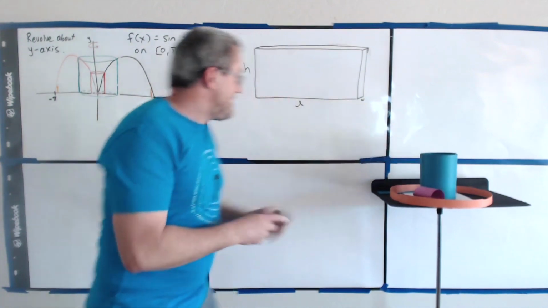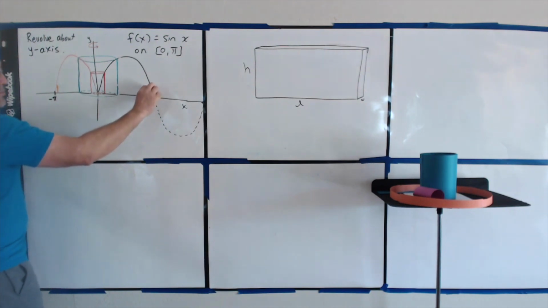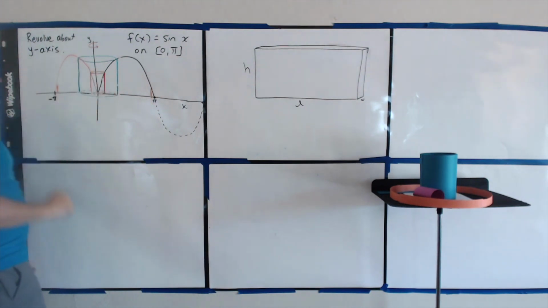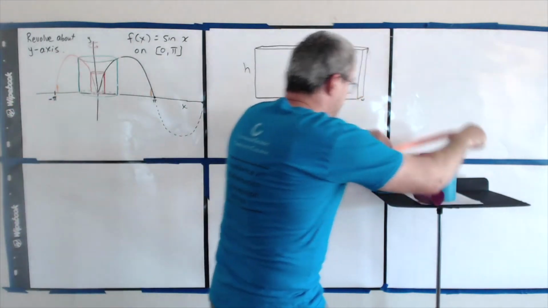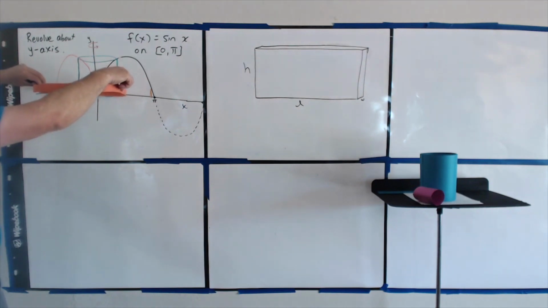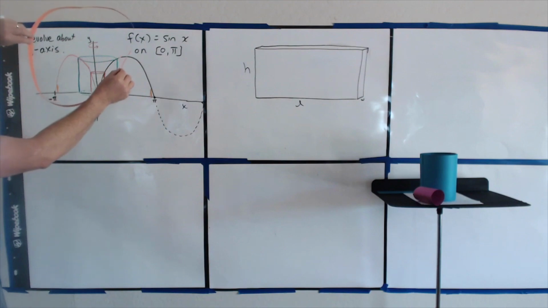Or can you imagine this one out here in orange? I didn't draw it because it's a little weird. It's like this. Can you imagine the cylinder out here? It would look something like this. A relatively short, compared to the other ones, cylinder, but again, just the shell of the cylinder.